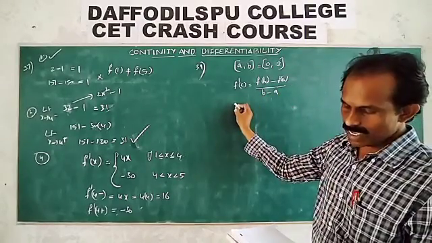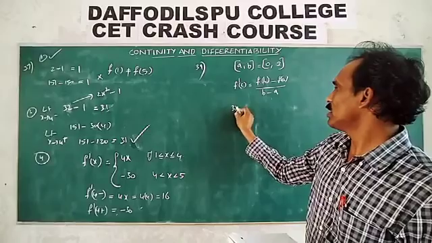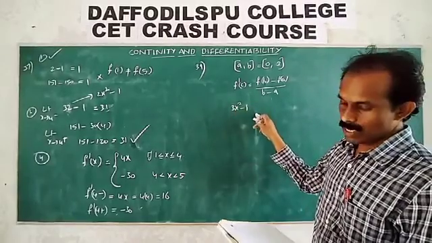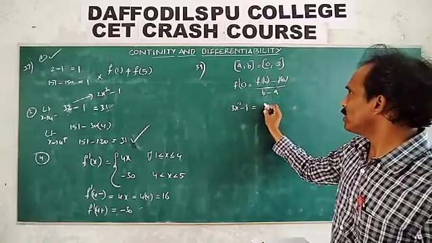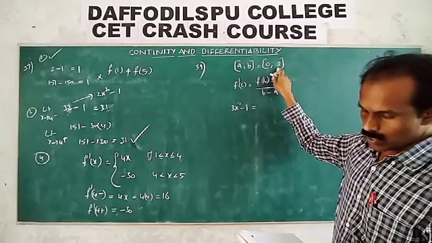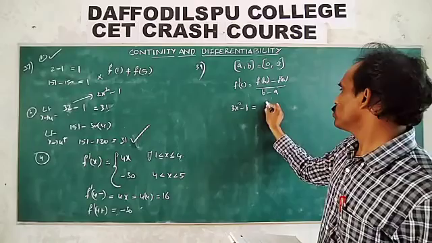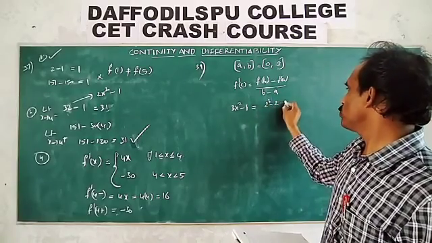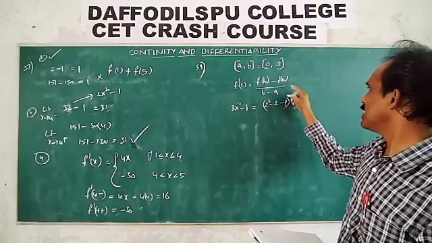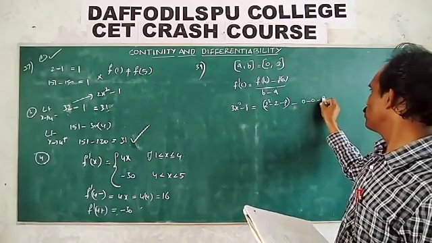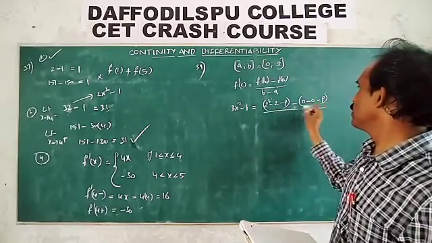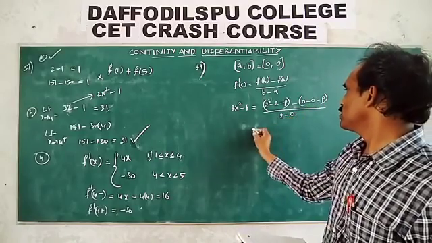What is f dash c? f dash c is equal to 3x square minus 1. f of b means f of 2: 2 cube minus 2 minus p, which is 8 minus 2, and f of a is 0.